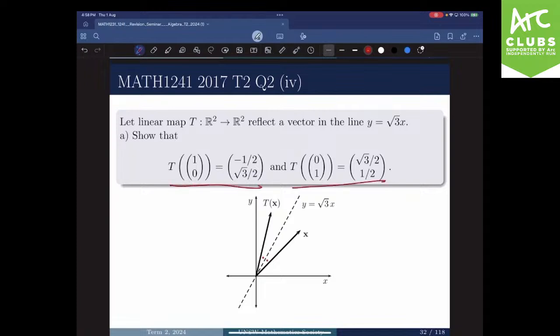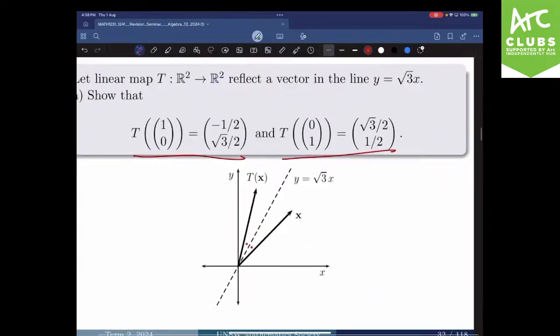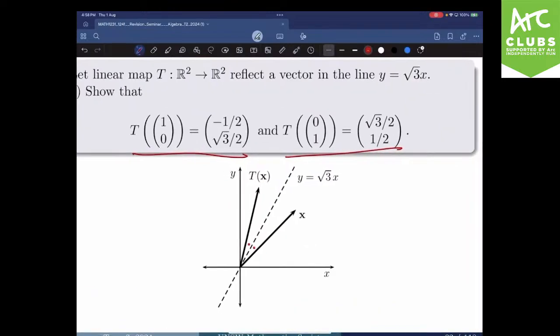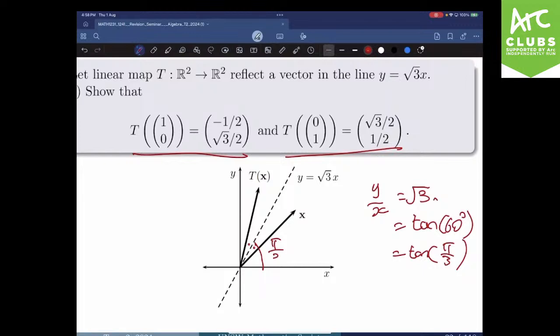One thing you might notice is that y on x is equal to root 3. But what's also root 3? This is tan of 60 degrees, or tan of pi on 3. So we get that this angle here is pi on 3.